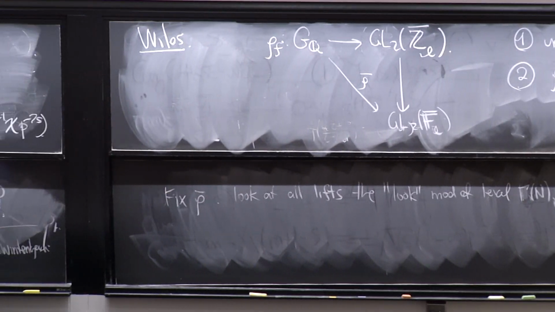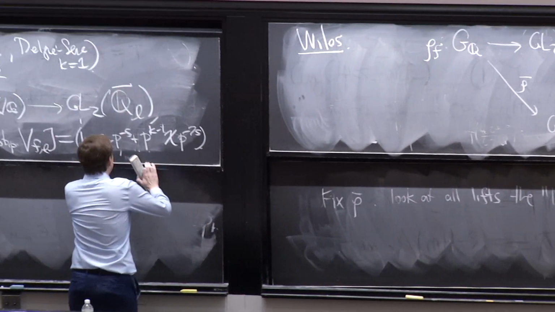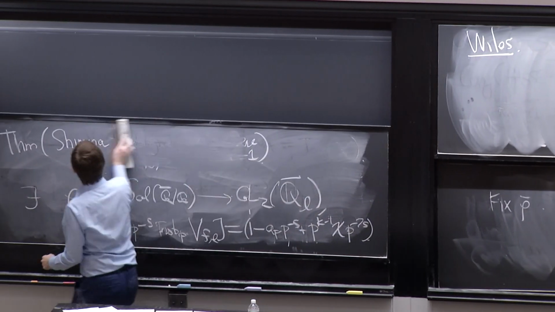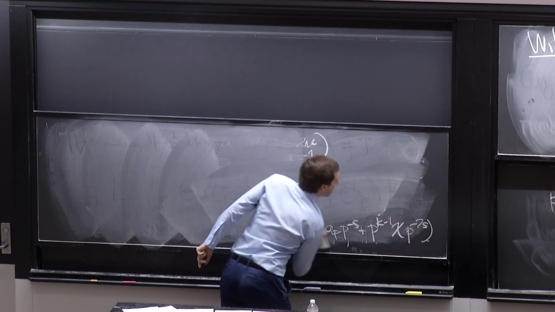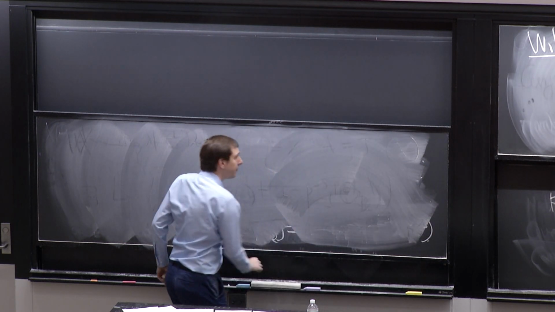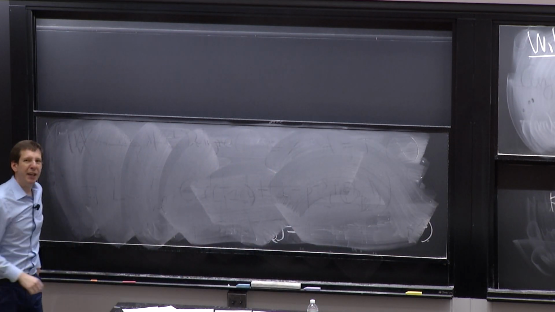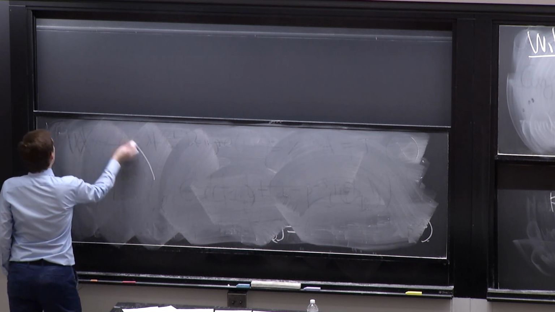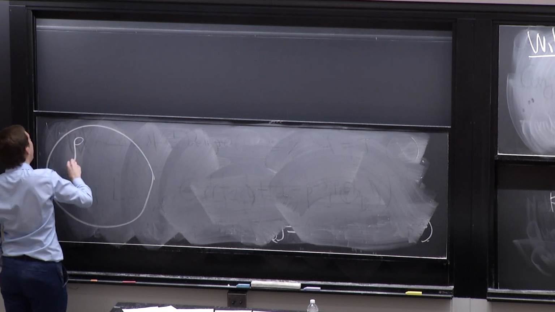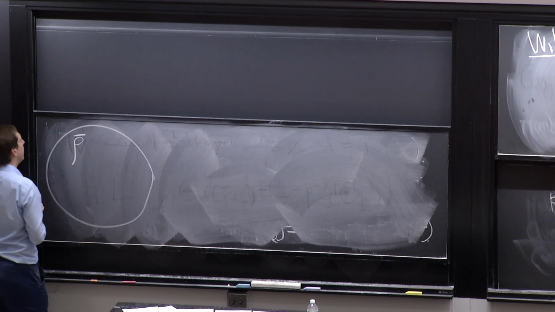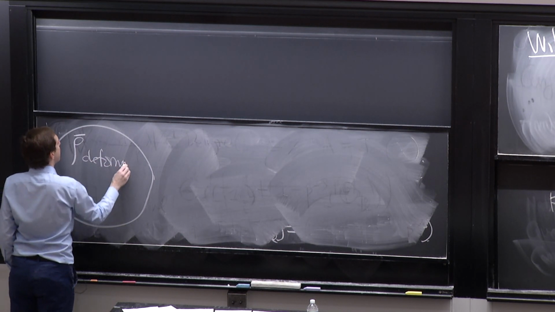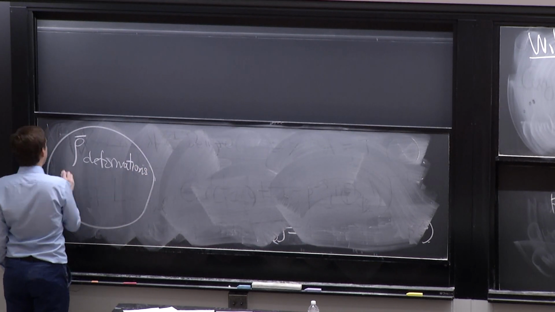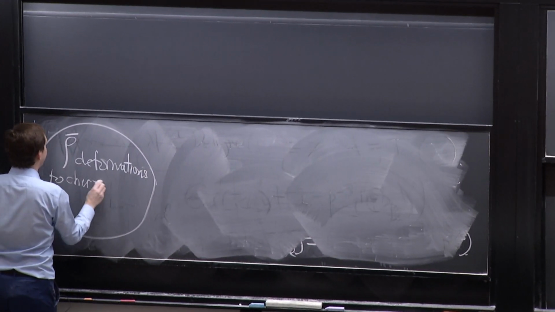So again, here's an argument that goes back to Fontaine and Mazur, and it's a kind of reality check on conjectures of this form. Okay. So in order to understand this, one thing we have to understand is we start with our rho bar, and then we want to look at so-called deformations here to characteristic 0.